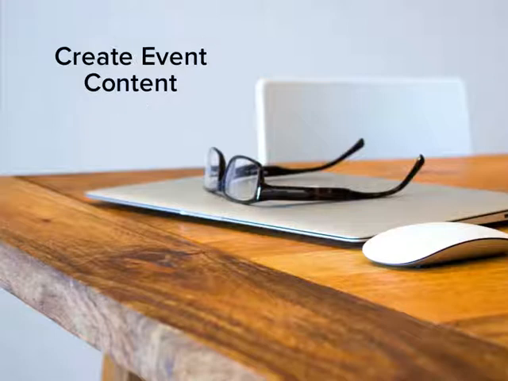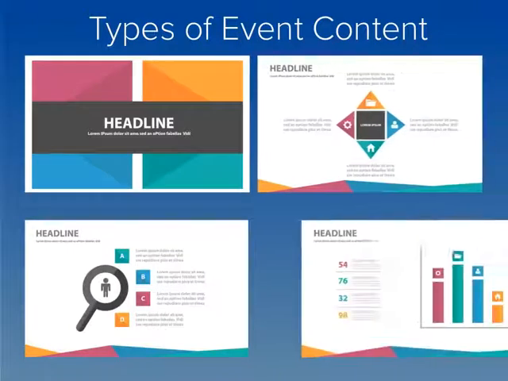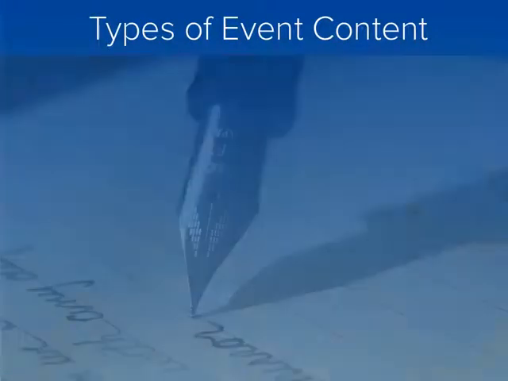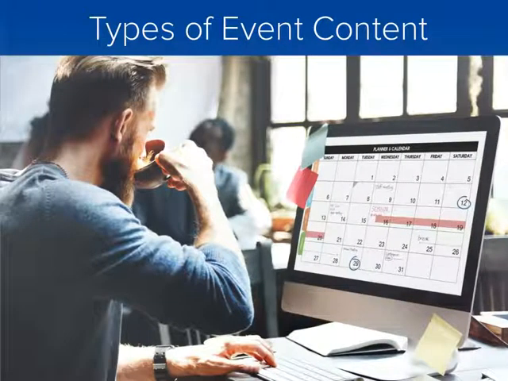Your next task is to create your event content and promote the event to ensure good attendance. Make sure that you're prepared for your event by creating your event content 2 to 4 weeks before your event. Create dynamic slides that have a consistent theme and a compelling script that tells a story. In addition, be sure to develop an event agenda to ensure that all your speakers are fully prepared.